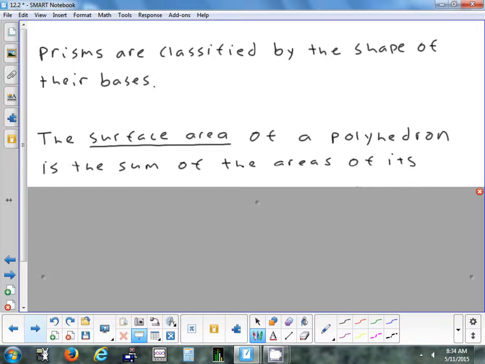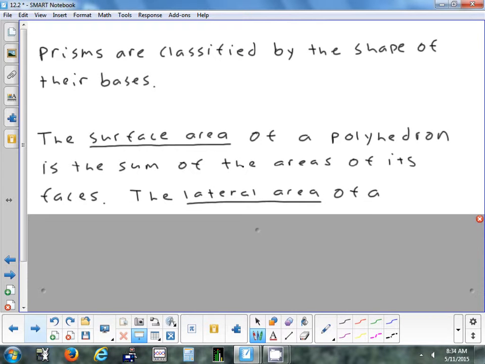Okay, surface area. This is what we're going to be studying for the two shapes we do today. Surface area basically is, if you were building the shape, how much material would you need to build the sides of the shape? So the surface area is the sum of the areas of every side.